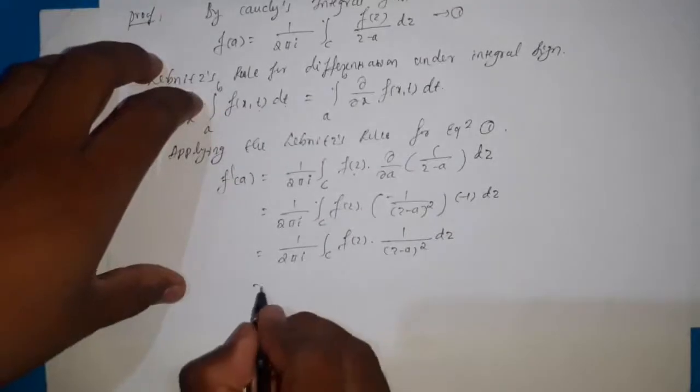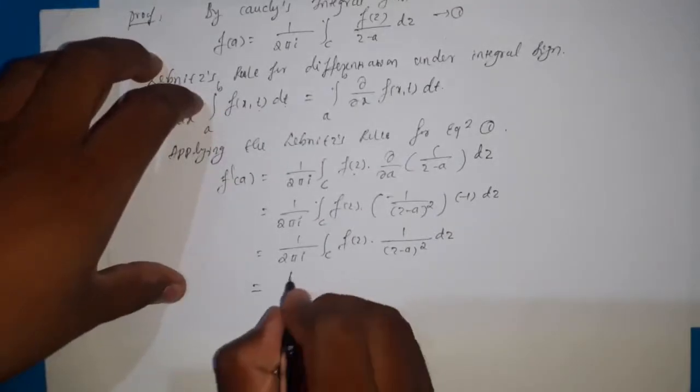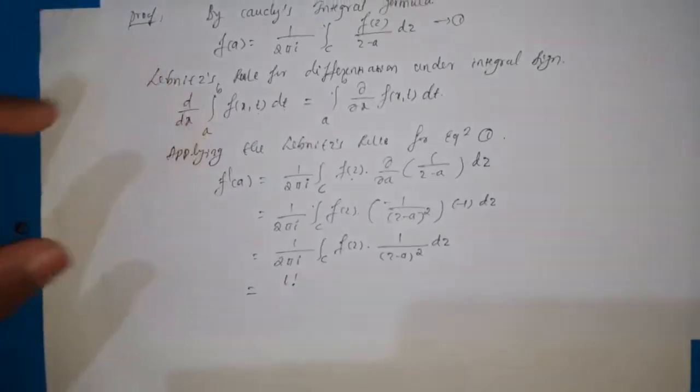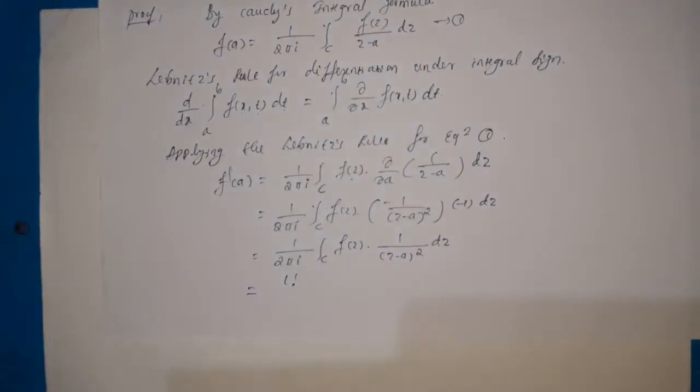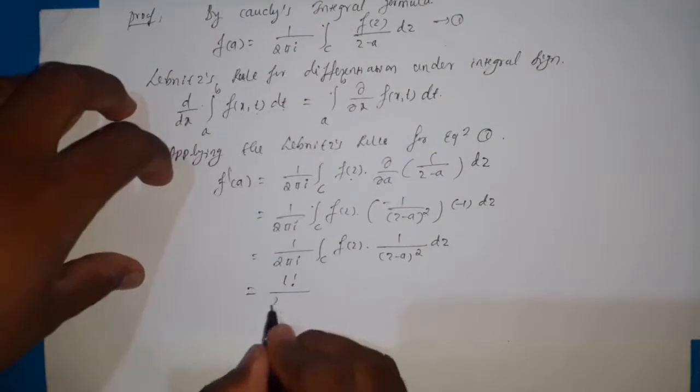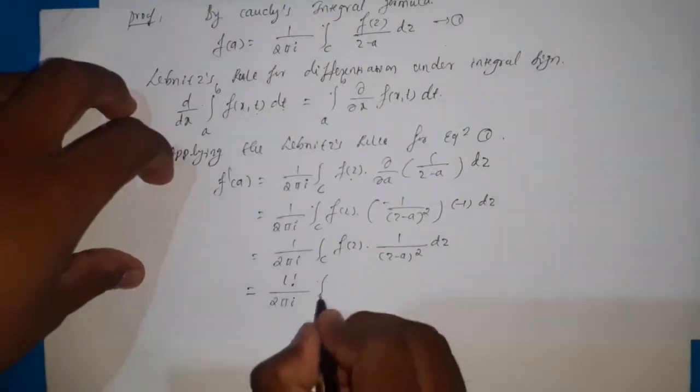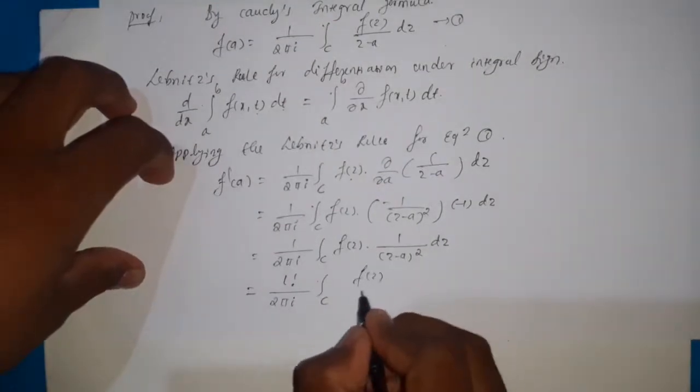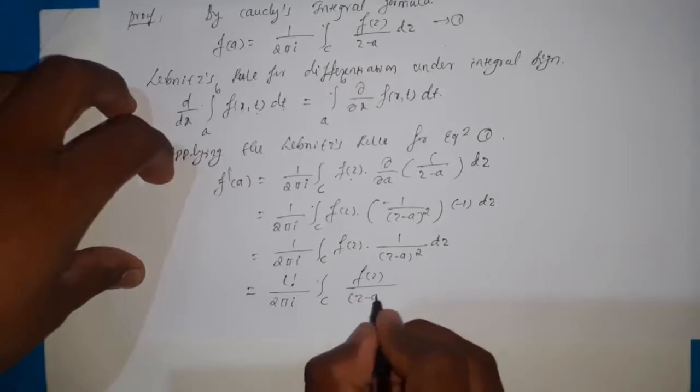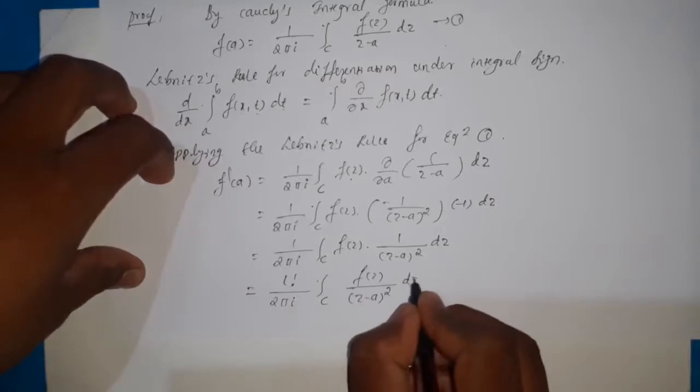So here this 1 can be written as 1 factorial, because its value is 1 only, divided by 2 pi i integration over C f of z divided by (z minus a) whole square dz.